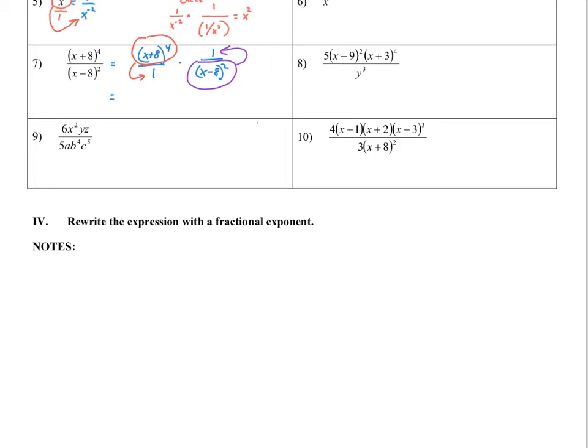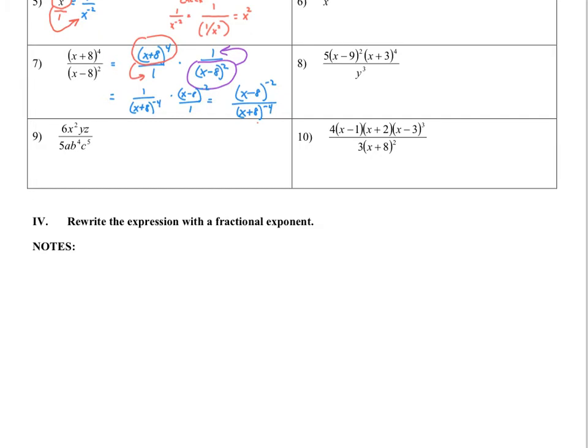If we do that, we'll get 1 divided by x plus 8 to the negative 4th times x minus 8 to the negative 2nd divided by 1. And if we simplify, we'll get our final answer: x minus 8 to the negative 2 divided by x plus 8 to the negative 4.